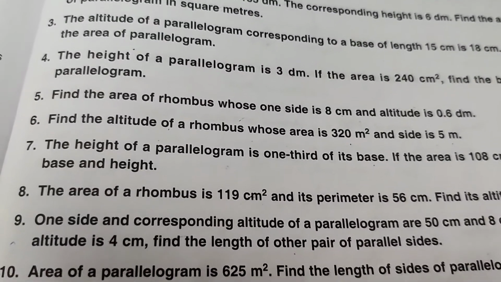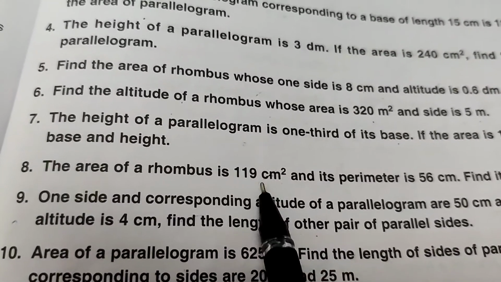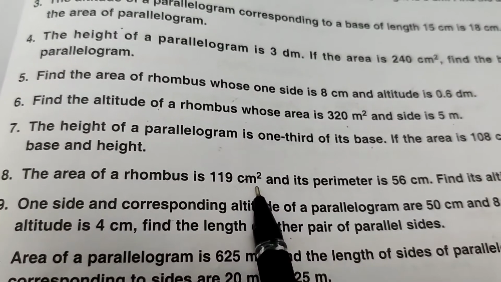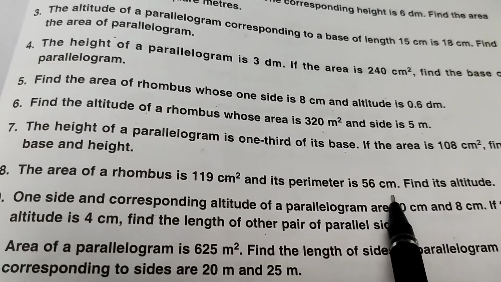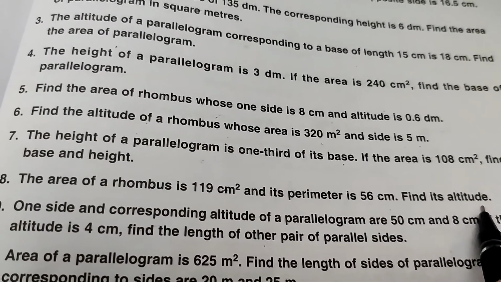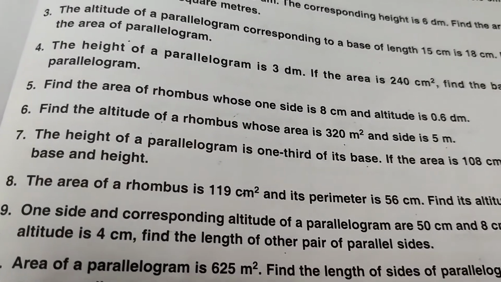Question number 8. The area of a rhombus is 119 centimeter square and its perimeter is 56 centimeter. Find its altitude.